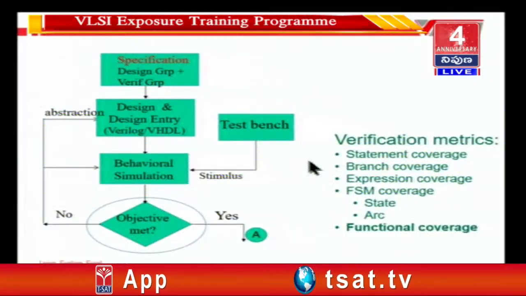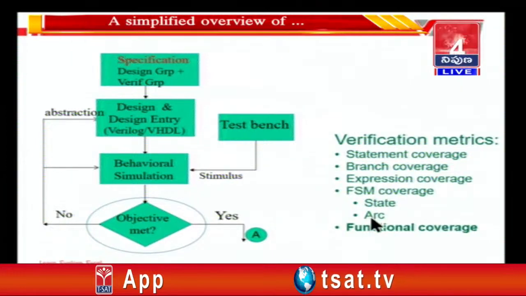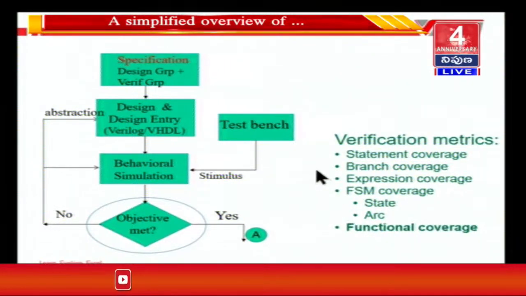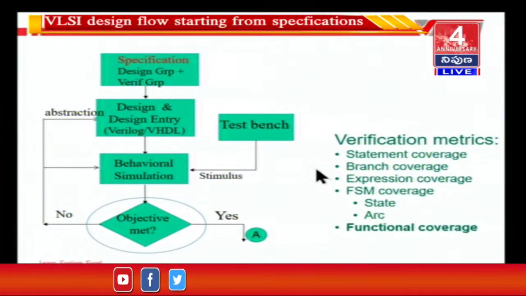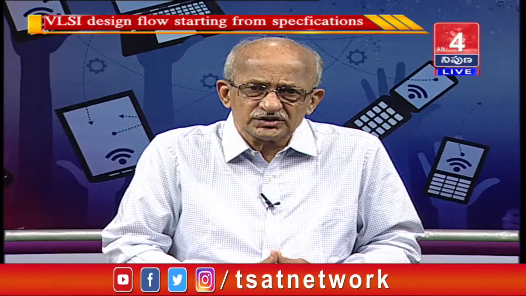They must get covered at least once. That means the design must visit each state at least once. Not only that, in addition to coverage of states, arc coverage. Arc coverage means has every possible transition from each state been covered. That means you may have a state machine. Now, if you have a state machine, your state machine has been designed in a particular way.